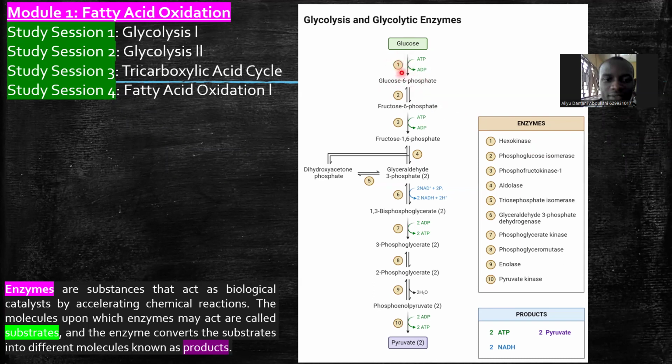That's a site that's not the active site. And when enough glucose 6-phosphate is produced, and there's no need for the glycolytic pathway to continue, this glucose 6-phosphate will bind to that allosteric or regulatory site on the enzyme to prevent it from further converting glucose into glucose 6-phosphate. Basically, that's what we're saying.